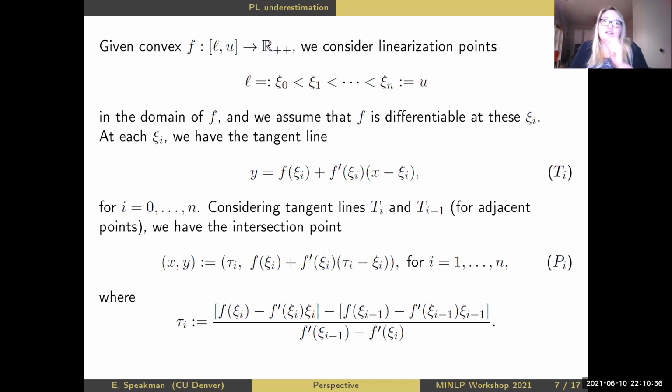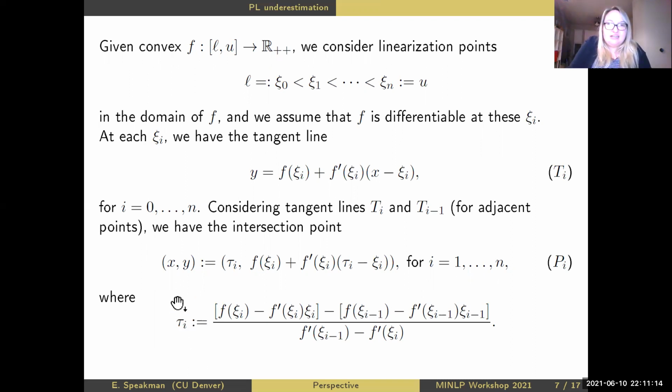So what I can do is draw the tangent line. So I have these n minus 1 tangent lines, t0 to tn minus 1. And for each adjacent tangent line, I can compute the intersection point.